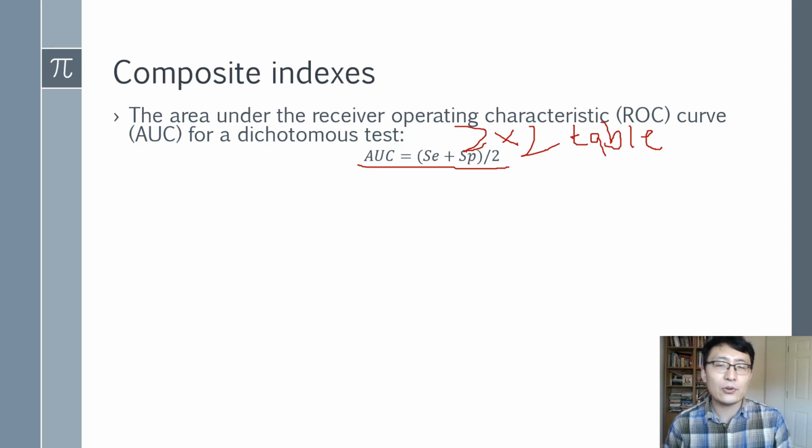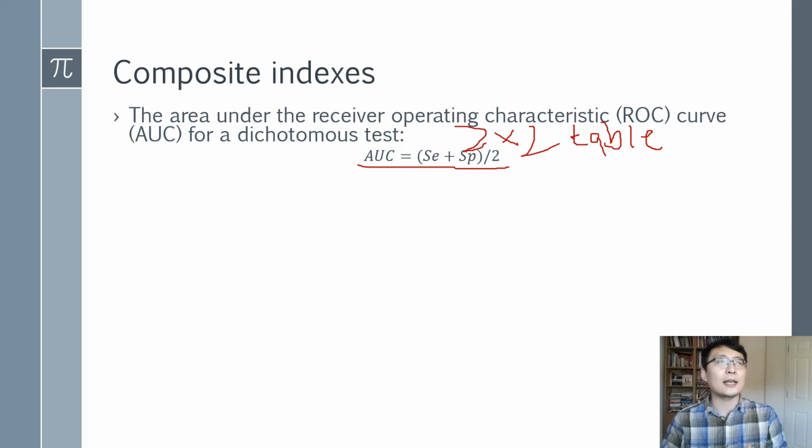For example, if you have something like blood pressure or some continuous score, then you can also have this ROC curve, but it is a different scenario, and this equation does not apply. But for a 2x2 table, it turns out AUC is the average of sensitivity and specificity.